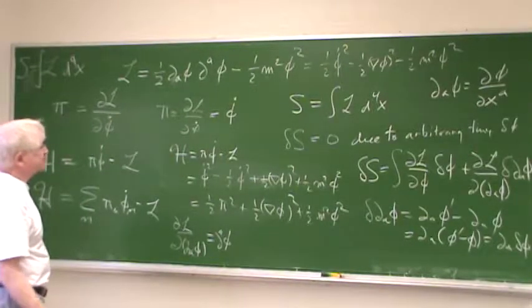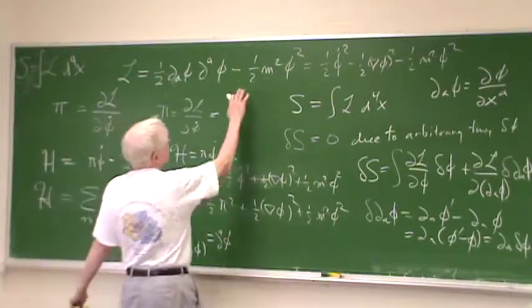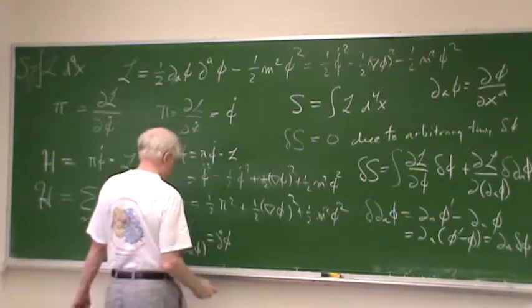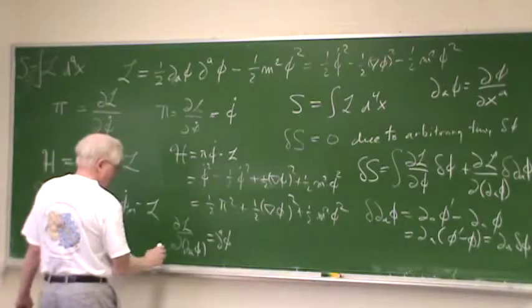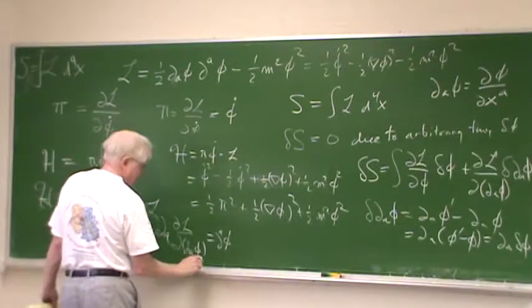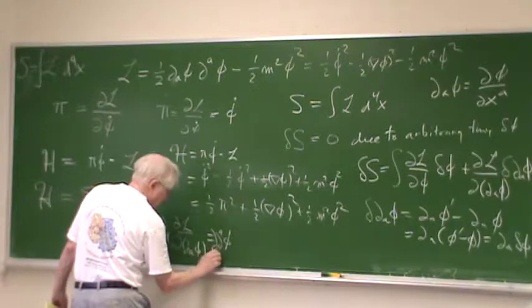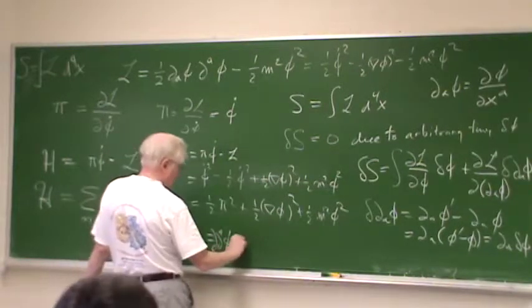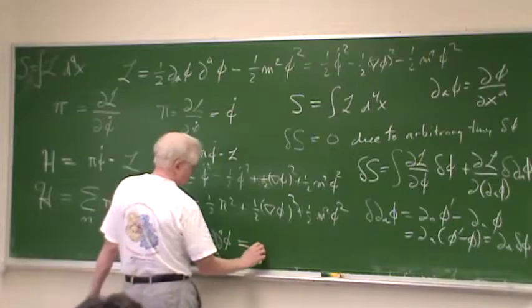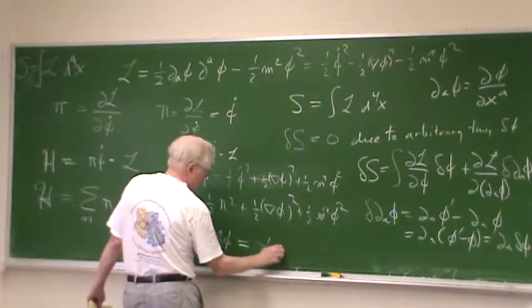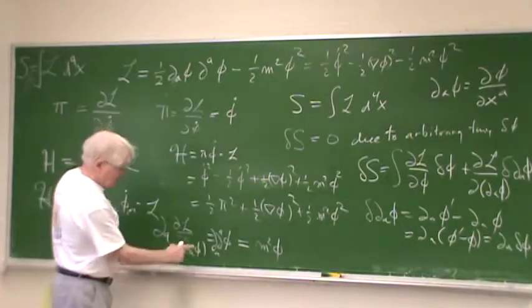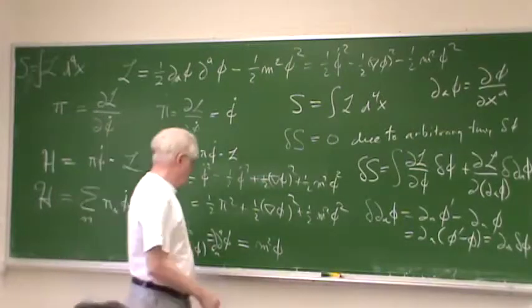And the partial with respect to phi, of course, is minus m squared phi. So the equation of motion then is d lower A, d upper A of phi, is equal to m squared phi.